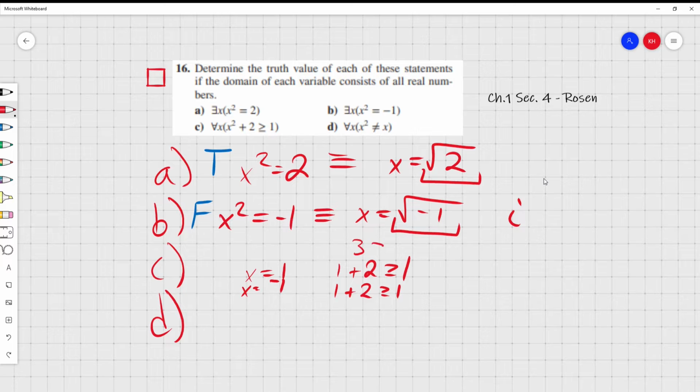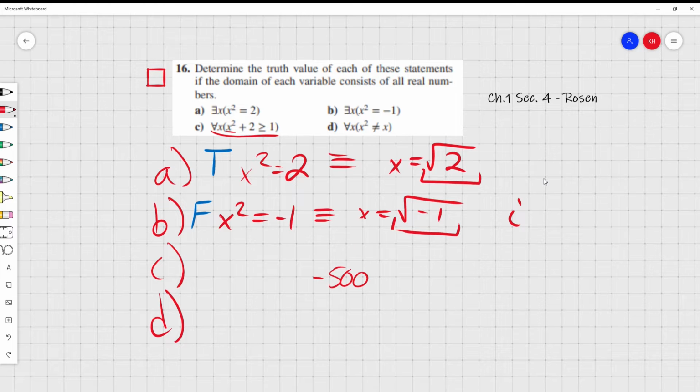This is just 3 greater than or equal to 1 for both those examples. That's very simple. The major idea that this problem is trying to get across is that with x squared, you could try in -500 for x and it'll still work just fine, right? Because the square is going to turn anything negative into a positive.